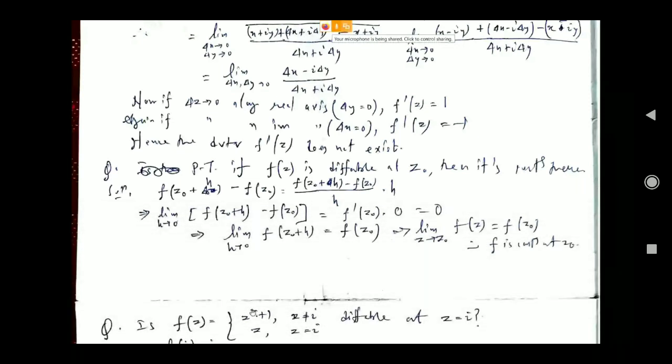It will not be continuous if in the denominator you have something like infinity. So no, it is a polynomial and polynomials are always continuous. When it is continuous, at the limiting point you can replace z by that point, z by I. So I square plus 1 will get cancelled, will be equal to 0. So you will have limit z tends to I, f of z equal to 0, and f of I will be equal to I. Are they equal? 0 and I. Are they equal?